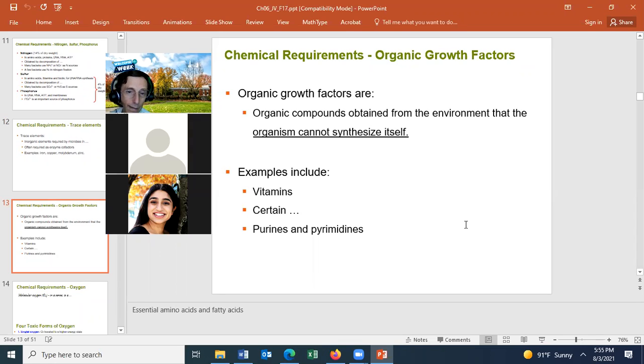And then purines and pyrimidines. We need these in our diet, for DNA and RNA, because we cannot easily make purines and pyrimidines. I think we can make purines and pyrimidines from folic acid. But other than that, we do not make purines and pyrimidines. Vitamin C is the best example, though. Organic growth factor that we need in our diet because we cannot make it.